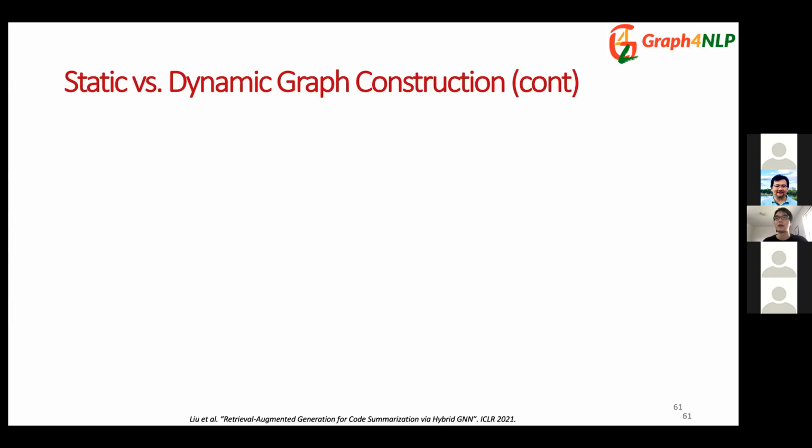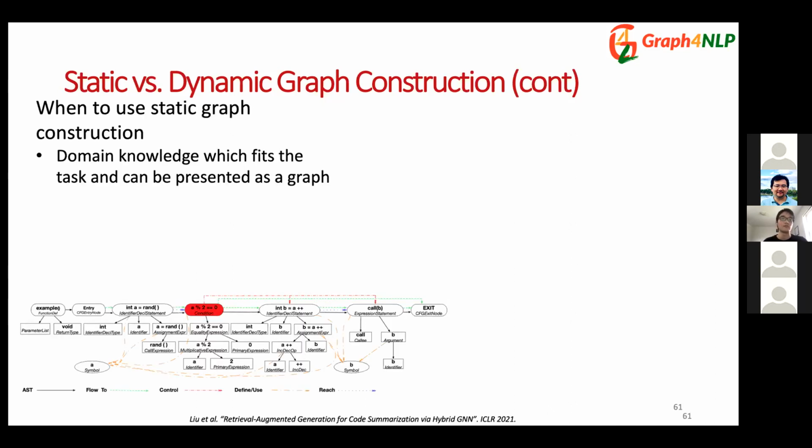Now comes the question, when to use which. Based on our study and practice, it's best to use static graph construction when we have domain knowledge at hand which fits the task well and can be easily represented as a graph.